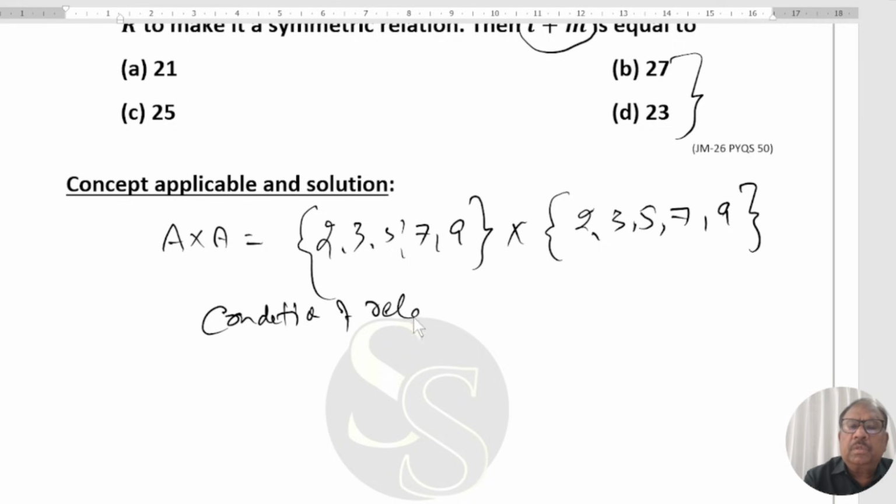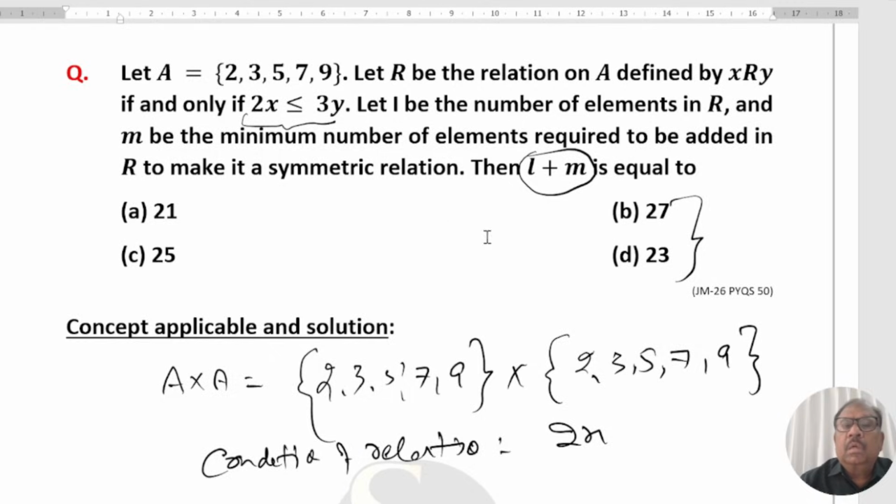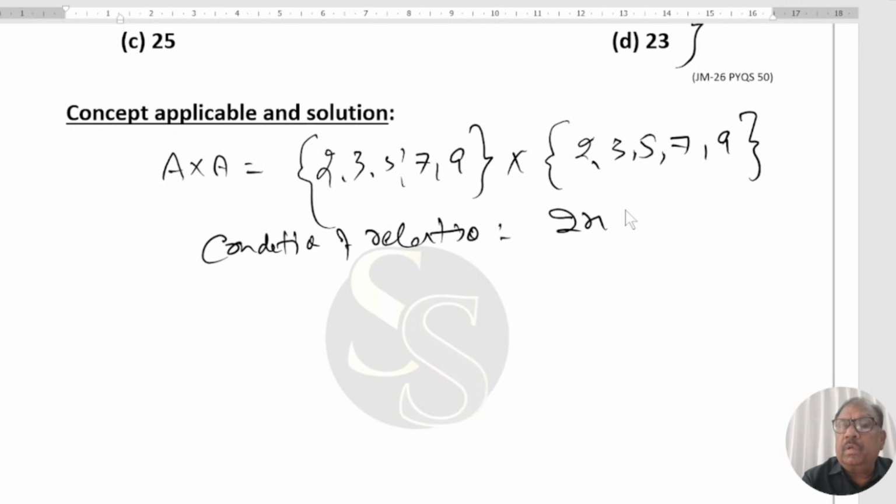Now the relation is 2x less than or equal to 3y. Total number of ordered pairs will be 5 into 5, 25.